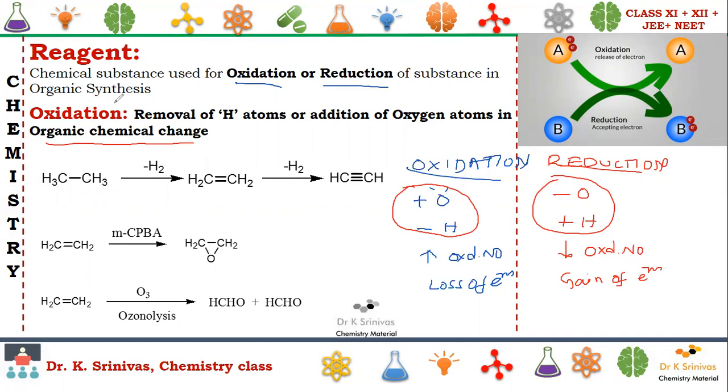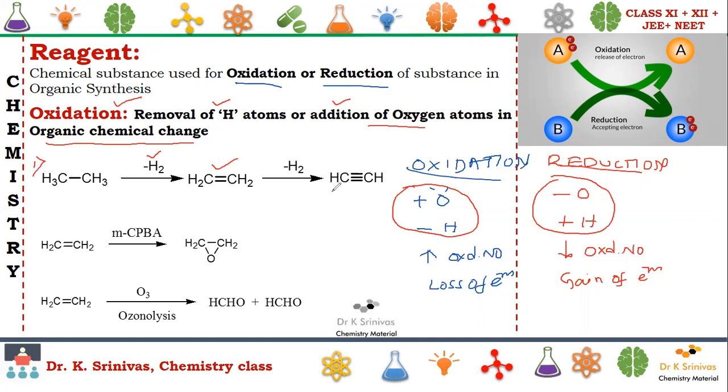Oxidation is nothing but removal of hydrogen or addition of oxygen. In order to have a better understanding, we have taken three examples. In general, we are not mentioning any reagent, but to have a clear-cut idea: if you take ethane and remove hydrogen, we get ethene. That's oxidation.